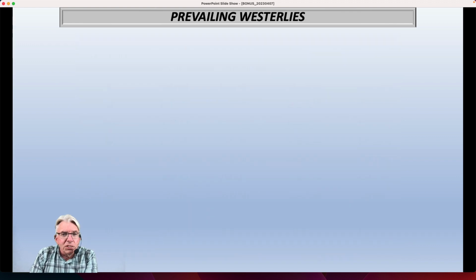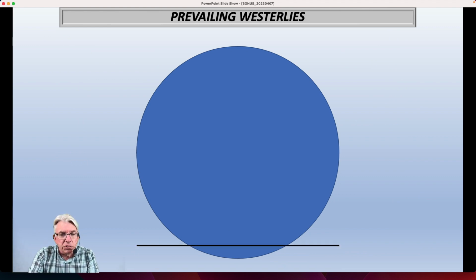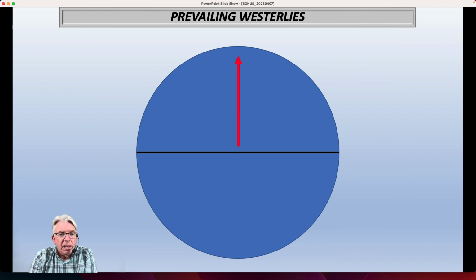So let's go on ahead and talk about this from a slightly different perspective now. We know that the pressure gradient force goes from the equator toward the poles, on both sides, and then the Earth's rotation bends that 90 degrees to the right. So here you've got the equator, and the pressure gradient force is going from the equator to the North Pole, and then the Coriolis force turns it to the right, and so we have prevailing westerlies in the northern hemisphere.